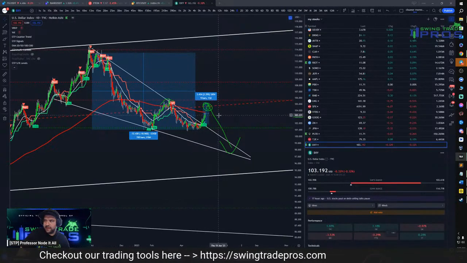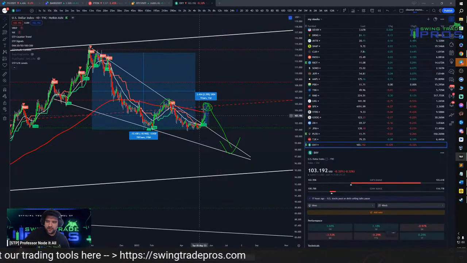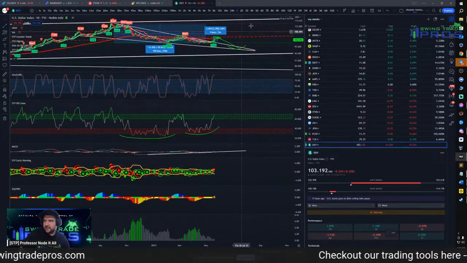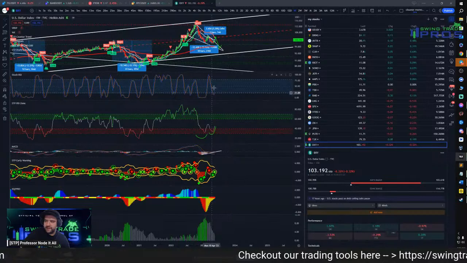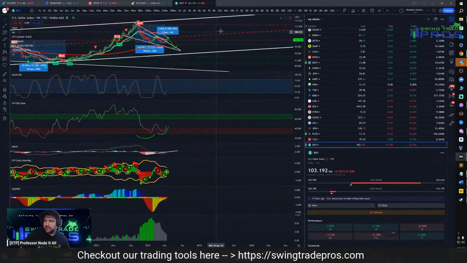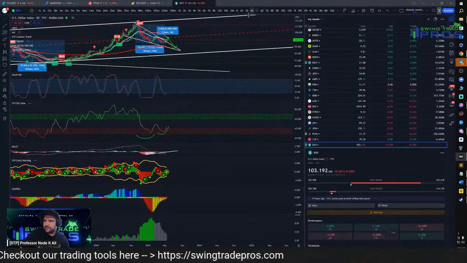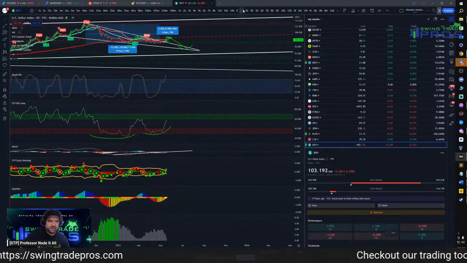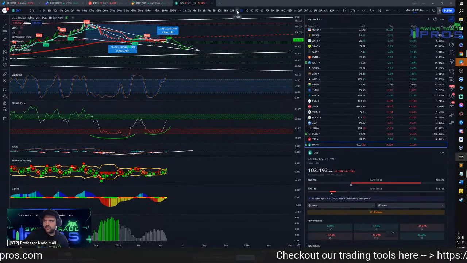But yeah, the daily is still below the 200 moving average. I have a long signal here. This is a wedge, looking like structure on the Dixie. Weekly, like I said, is looking pretty strong for movement up on the dollar in the coming weeks. So probably not the best for Bitcoin, right?